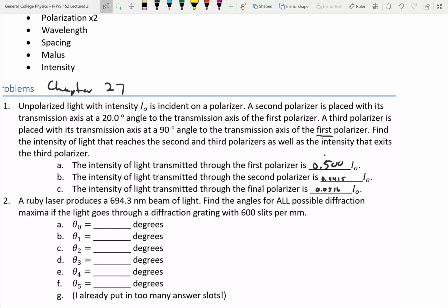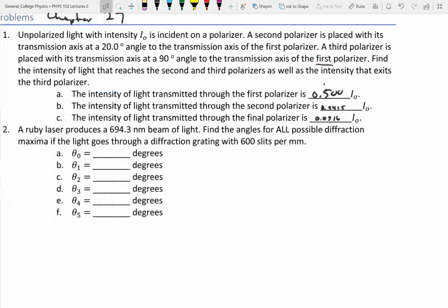What was making this one a bigger problem was simply that you had to worry about, okay, so the first polarizer blocks half of the light if it's unpolarized. If it had already been polarized, we would have had to jump straight to the law of Malus. So don't just always say blocks half. If it's already polarized, you go to the law of Malus. And then we use the law of Malus for the angle between adjacent polarizers.